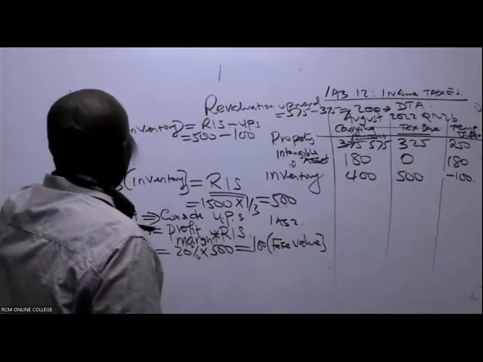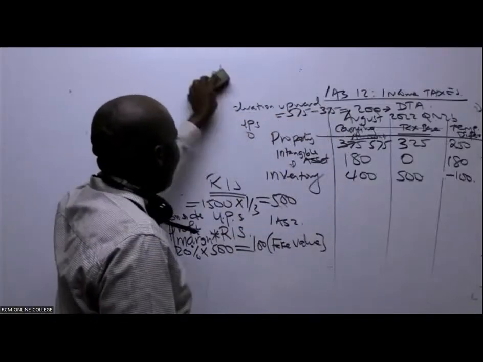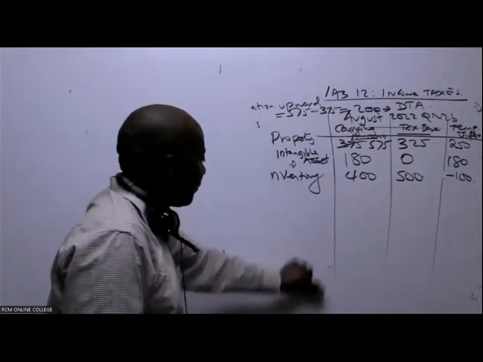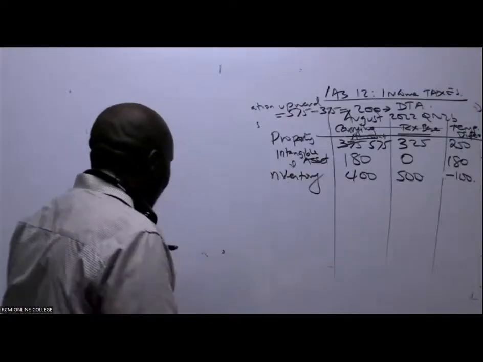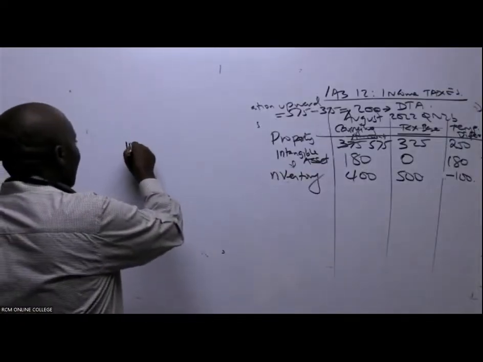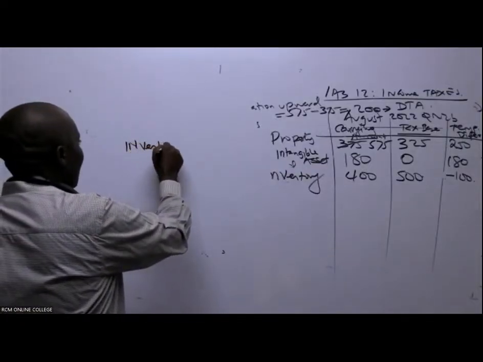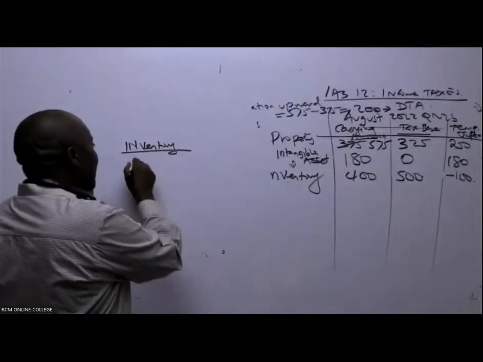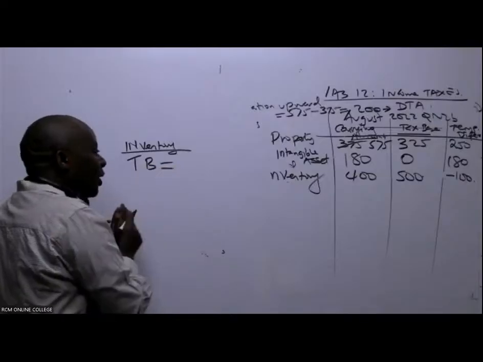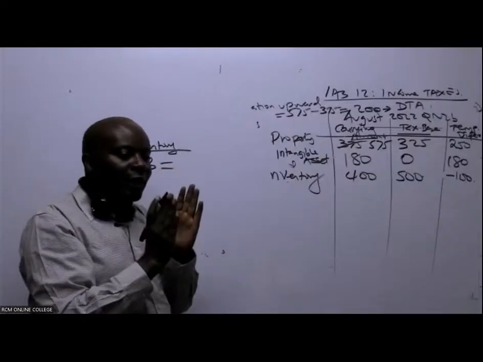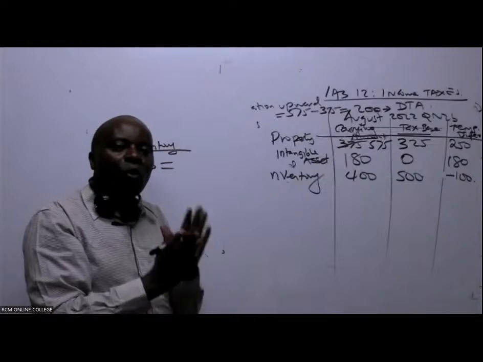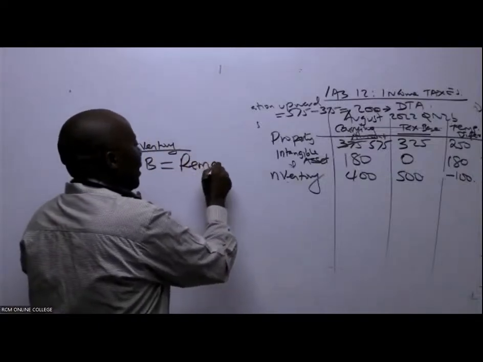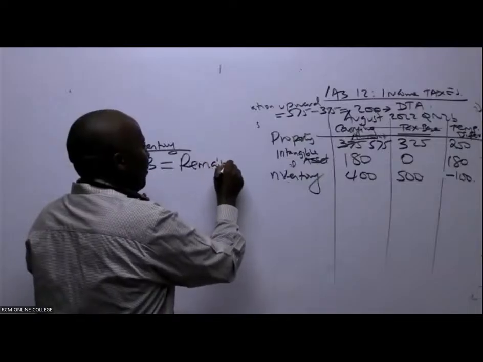So allow Mwalimu to repeat this inventory. We look at inventory, two things. We look at this from the taxman first. The taxman, the tax base. How do we get the tax base? To get the tax base, ladies and gentlemen, we shall always look at the remaining intra-sales.